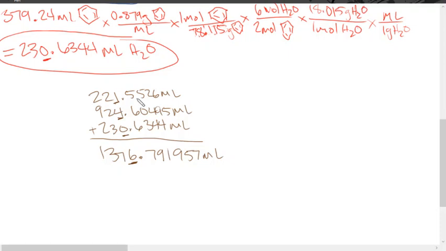Remember, when you're adding with sig figs, whatever your furthest decimal or smallest decimal place is, that's where you would draw this imaginary line, and whatever's to the left of that would be your last significant digit.